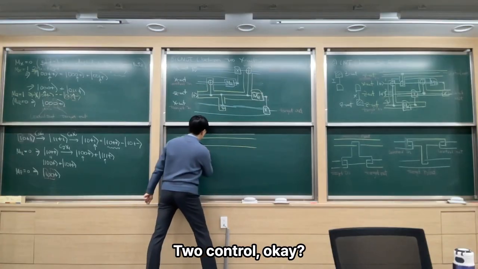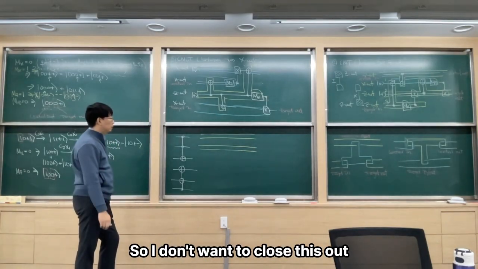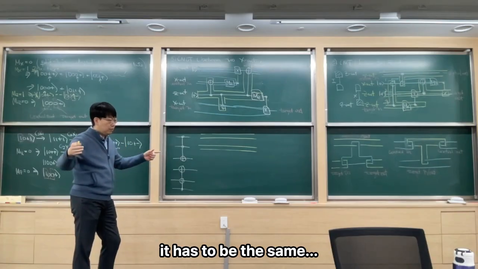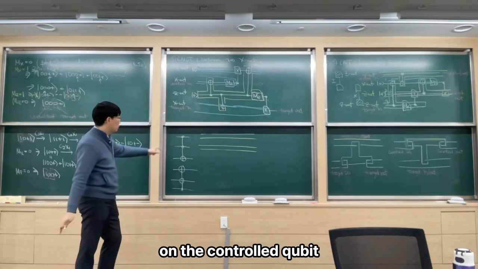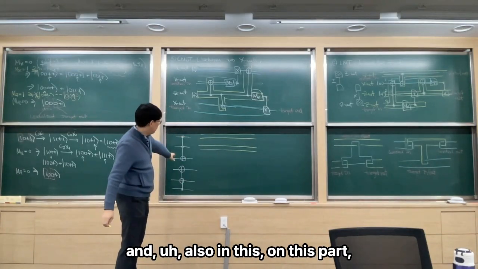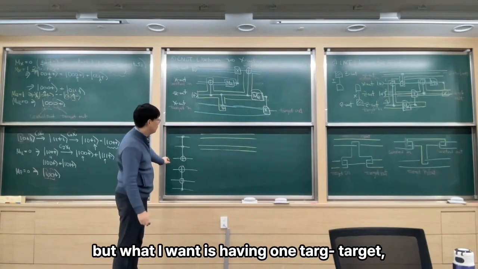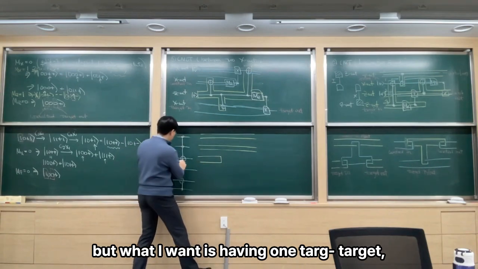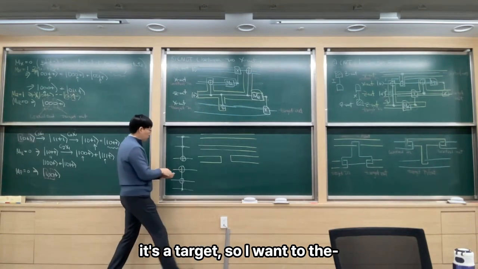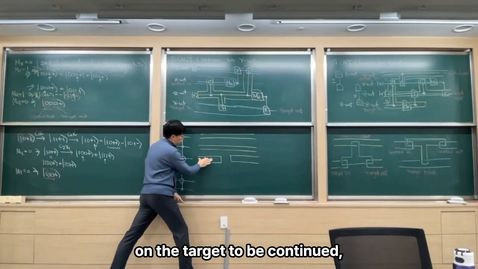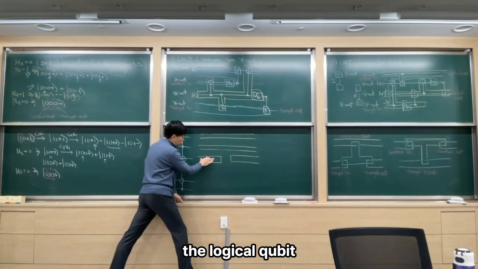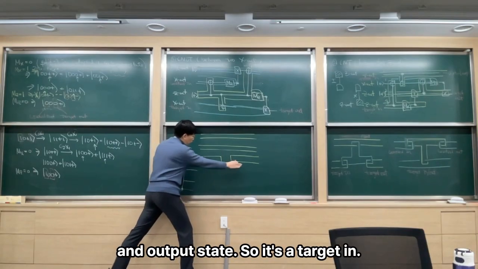I don't want to close this out because the control qubit has to stay the same. I don't take any measurement on the control qubit, so it has to be an open strip here, and also on this part. But what I want is having one target. I want the information on the target qubit continued, even though the logical qubit is changed between the input state and output state.